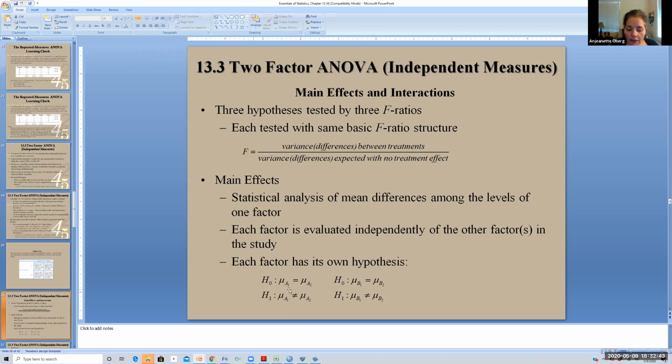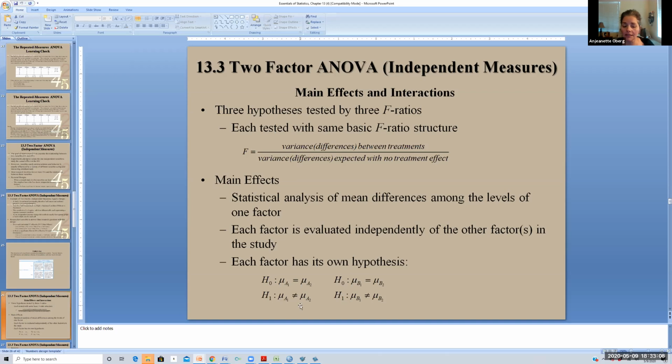And when you look at the null, your hypotheses are written in terms of your population parameters. And so we're saying no difference exists between A, that's our first factor, A1 and A2. So there's 2 conditions, A1 condition and A2 condition. No differences exist.